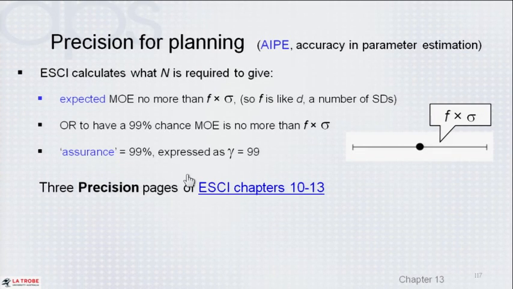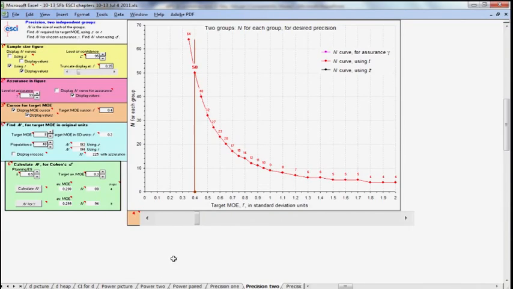Okay, let's go to ESCI again and look at Precision 2. So what we've got here is a graph of the sample size we need in order to get average MOE no more than 0.4, because I've set this cursor here on 0.4.